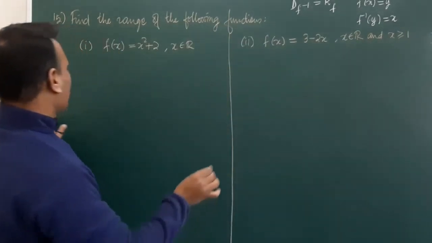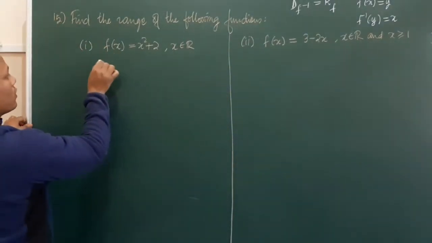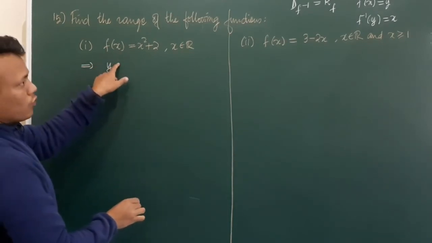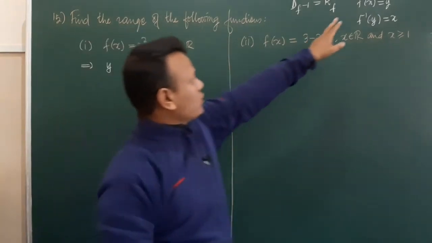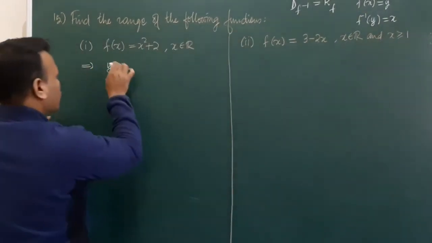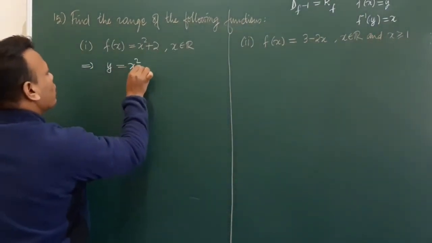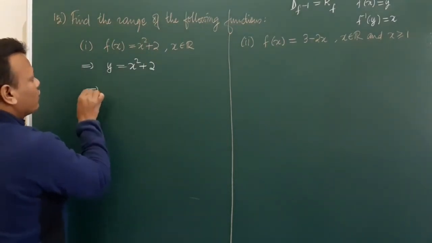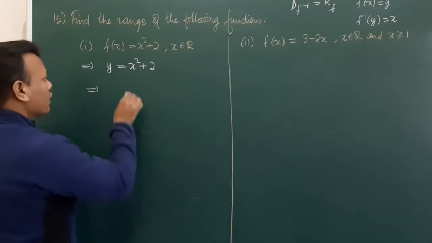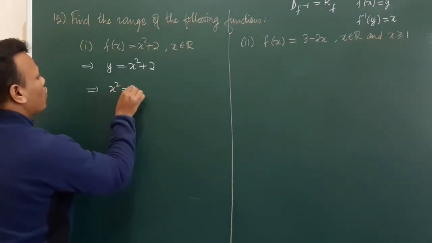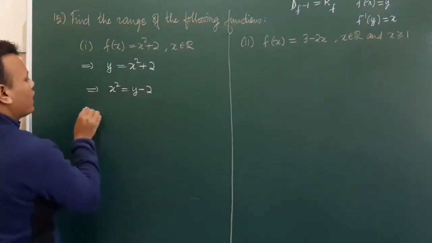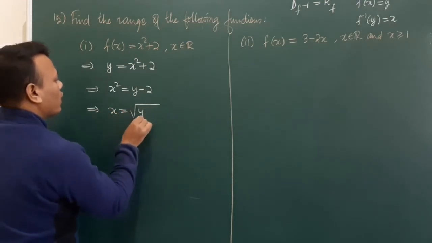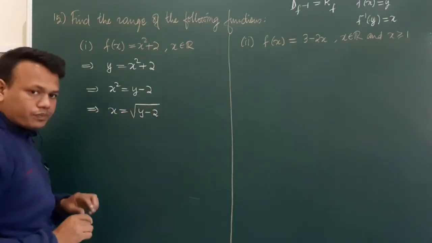So let me write f(x) as y, because we have f(x) = y, which equals x squared plus 2. As I said, we need to find the value of x. So we have x squared = y minus 2, and from here x = square root of (y minus 2).